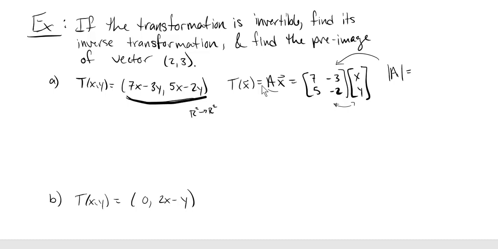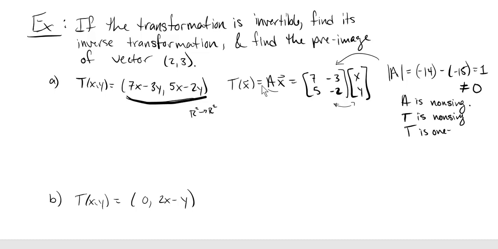The determinant is -14 minus -15, which is 1. The important thing is it's not 0. A is non-singular. So this transformation T defined by A is a non-singular transformation, which is equivalent to saying T is 1-to-1, which is equivalent to saying T is invertible.